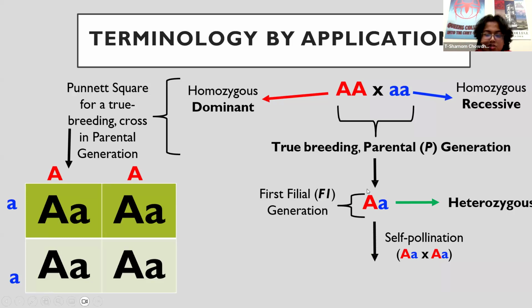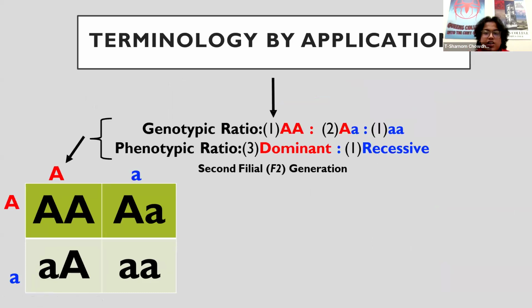However, what happens if you self-pollinate, which as we saw in Mendel's crosses, for example, if you have two heterozygous parents that self-pollinate or combine, the second generation creates what's known as the genotypic and phenotypic ratio, which is pretty common for monohybrid crosses, 1:2:1 or 3:1.